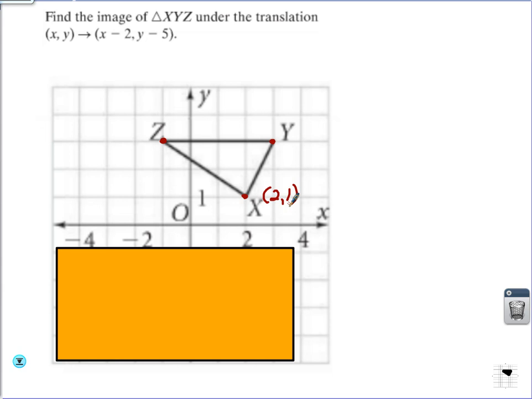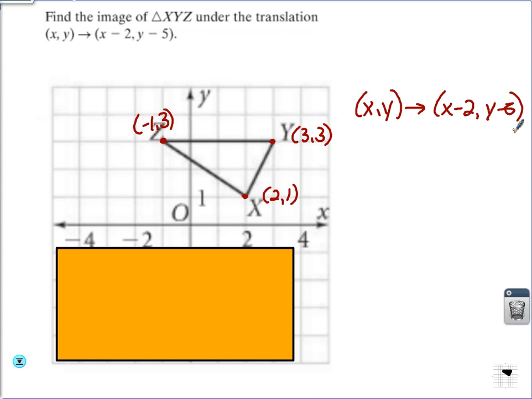You'll have to pull them off yourself. (3, 3) is Y. And (-1, 3) is Z. And we want to transform them under this rule. (x, y) is going to turn into (x minus 2, y minus 5). Do you know where that's going to move it? x minus 2, left 2. y minus 5, down 5.